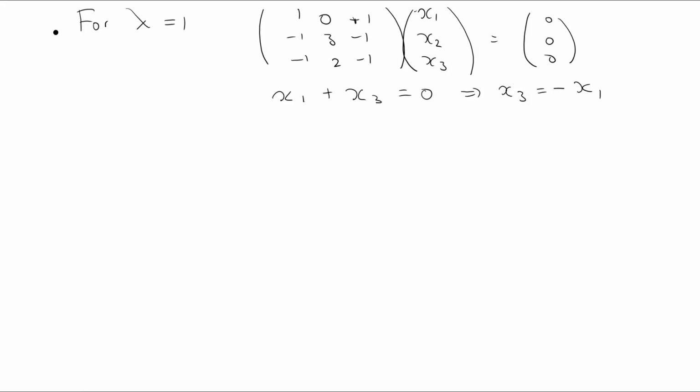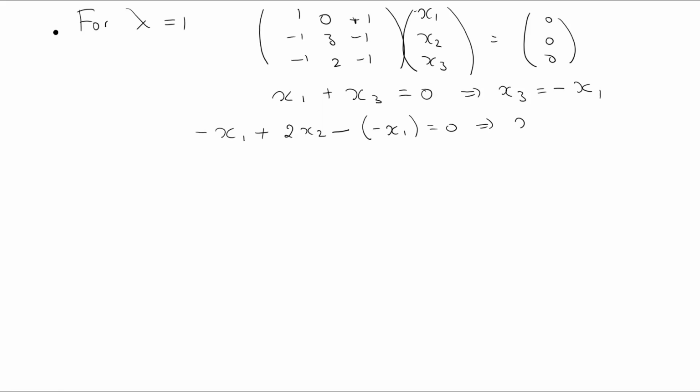And from the third line, we get that -x1 plus 2x2 minus x3, but we know that x3 is equal to -x1, so it would be minus x1 equals 0.